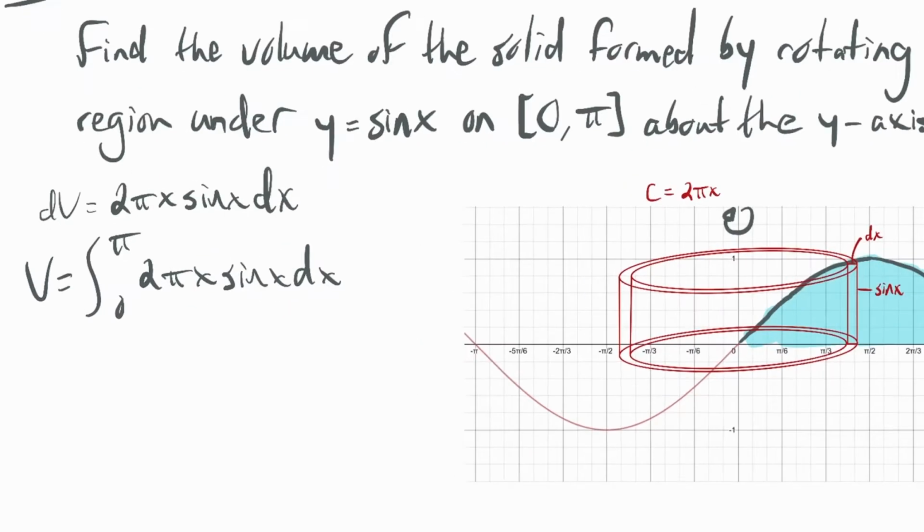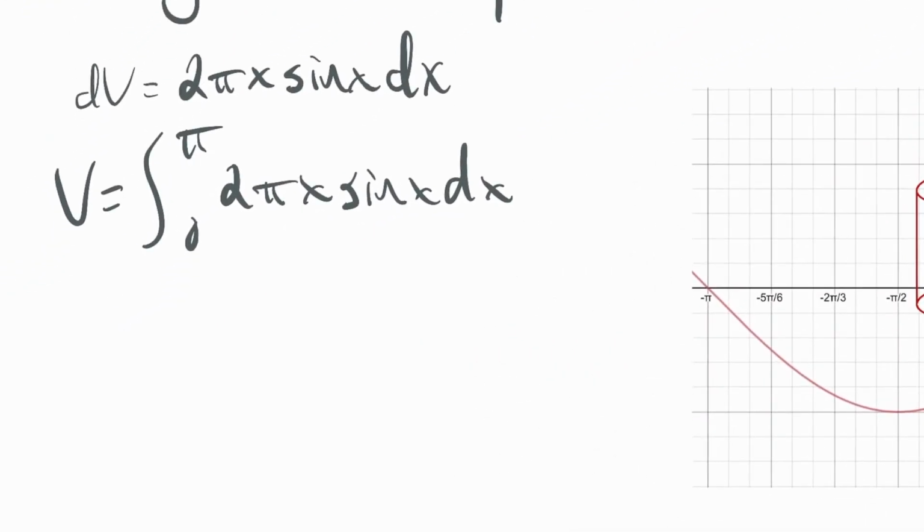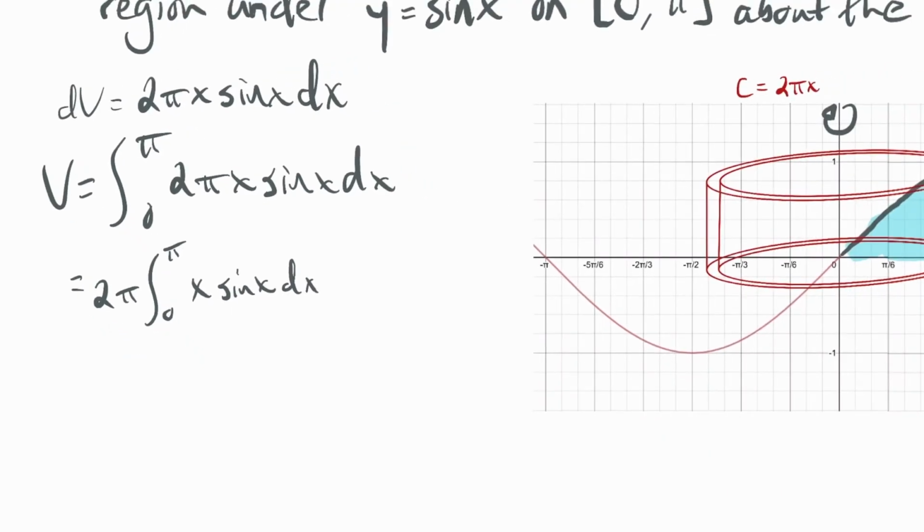But now we can. So I'm going to move the 2 pi out front: 2 pi times the integral from 0 to pi of x sine x dx. And there's two approaches to this, and maybe we should do both.